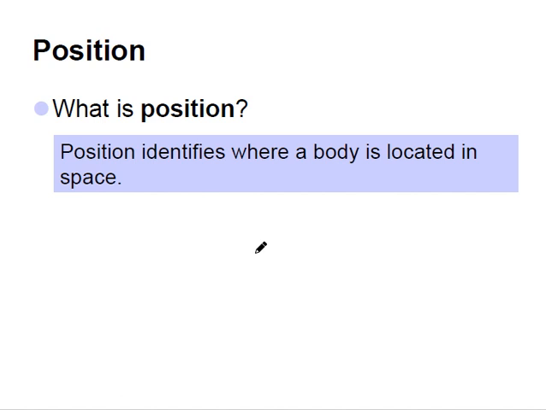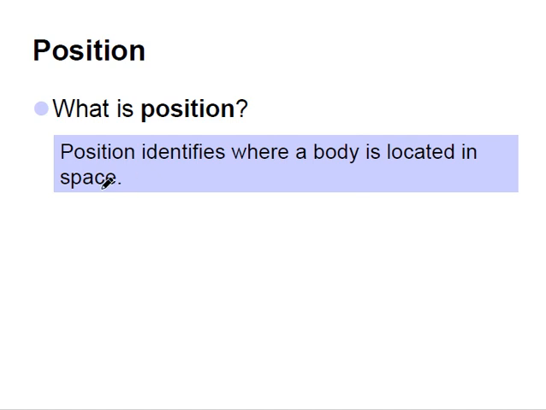Then another foundational, basic concept in dynamics is position. You kind of get an idea of what position is. In this space, the object is located at a particular position in the defined space. So the position identifies where a body that you're interested in studying is located in space.